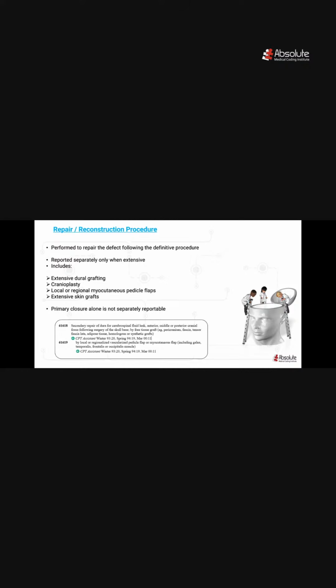All right. And the repair and reconstruction procedures are reported separately only when the work is extensive. That's the key word here, extensive. If it's not an extensive repair performed, you should not code them. All right. And the CPT codes are 61618 and 61619.